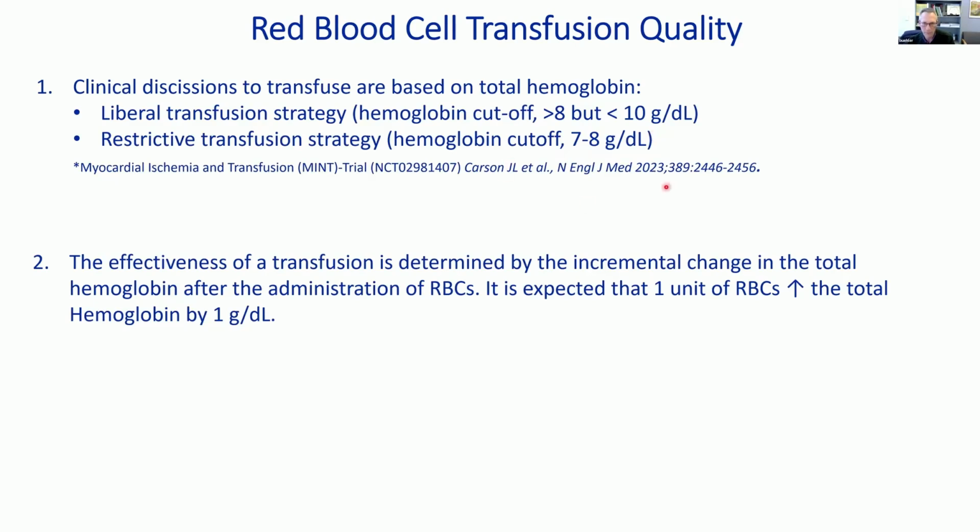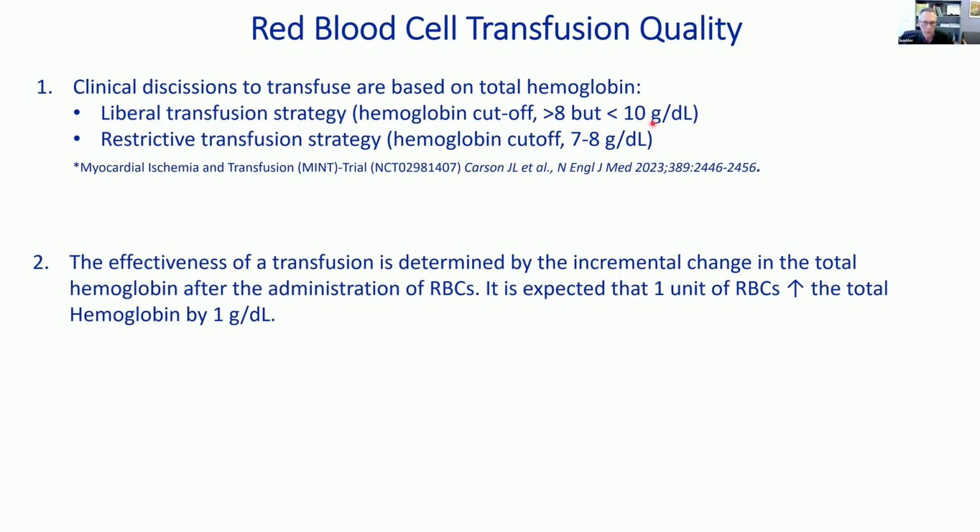And if you say at 8 or less than 10, greater than 8 that you transfuse, your hope is that 1 unit increases the hemoglobin mass of that 1 unit of RBCs by 1 gram per deciliter. That's what is expected. So what people then start to look at is how much is the incremental change in hemoglobin after a transfusion of the number of units of red cells that they give.